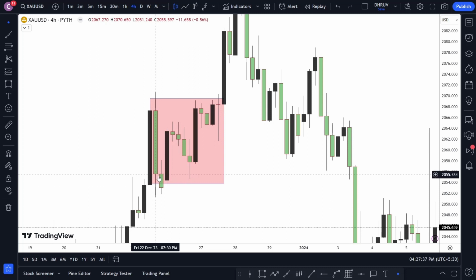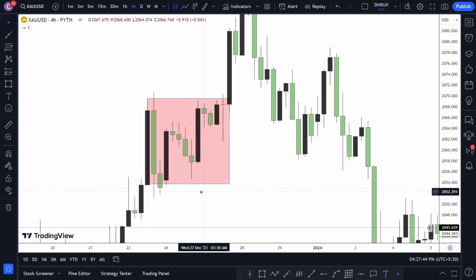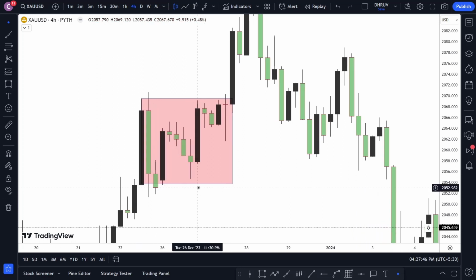So it took two bearish candlesticks to take out the low of this bullish candle, right? So this is what we call blend engulfing.